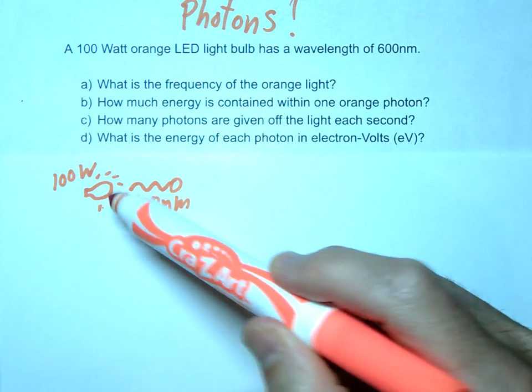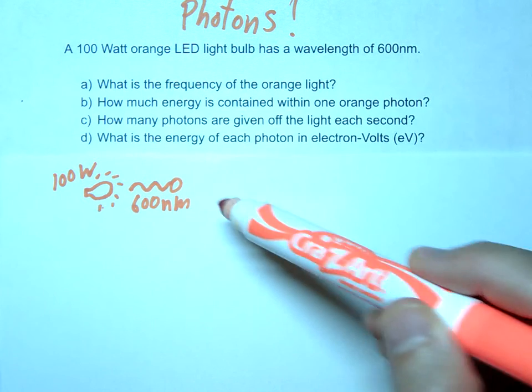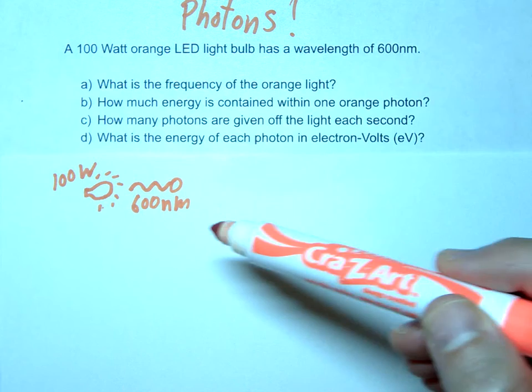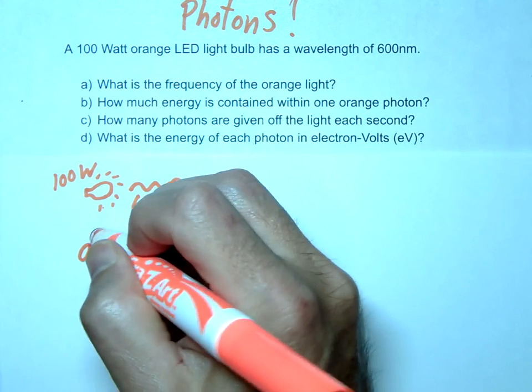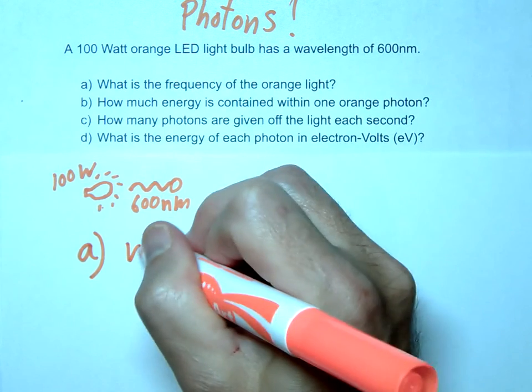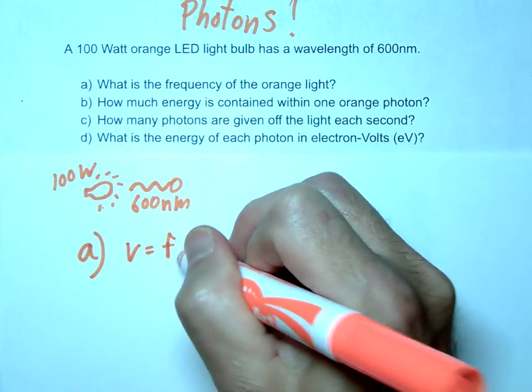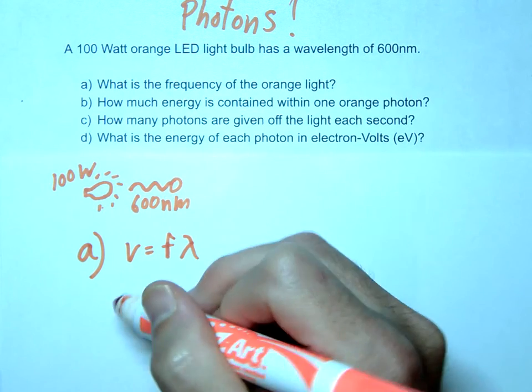So we have our light here that's a 100-watt light bulb, and it's producing some orange light at 600 nanometers. So question A is asking for the frequency of that light. This is definitely a problem you should be able to do. It's a nice review problem. So we're just going to use our wave equation for this.